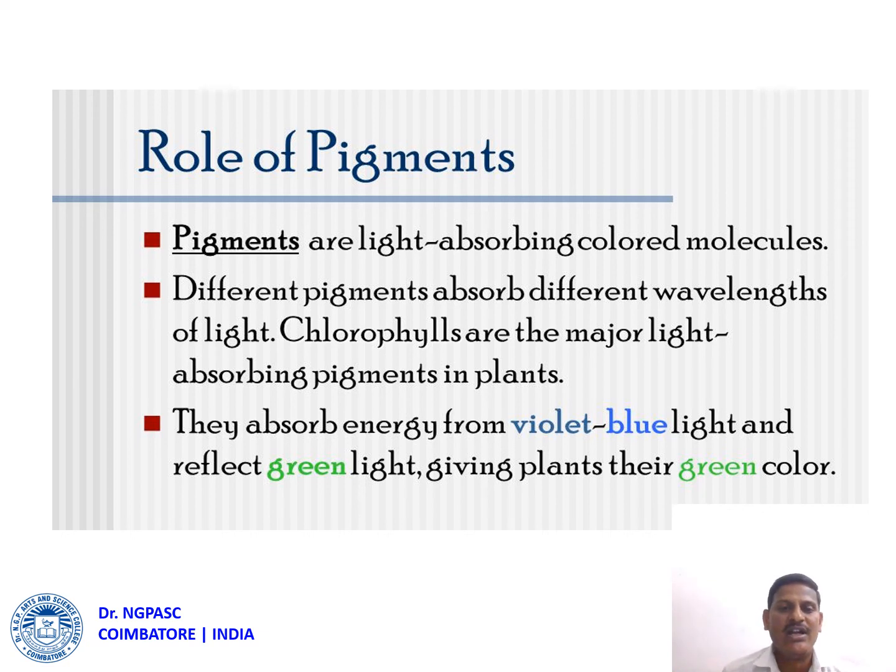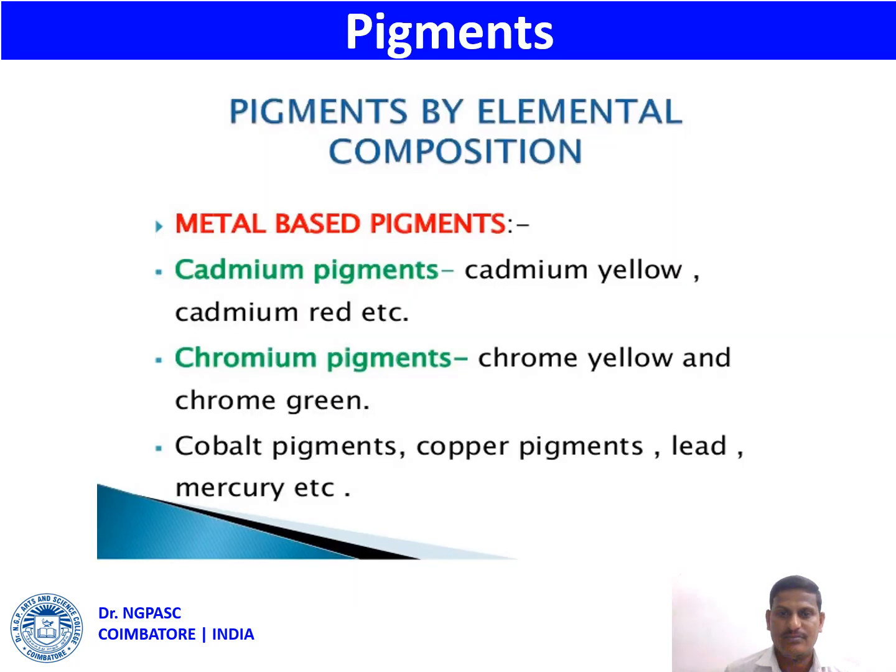We all know that chlorophylls are the major light absorbing pigments in plants. They absorb light energy from violet to blue light and reflect green light, giving plants their green color. This is a natural pigment occurring in all types of plants.